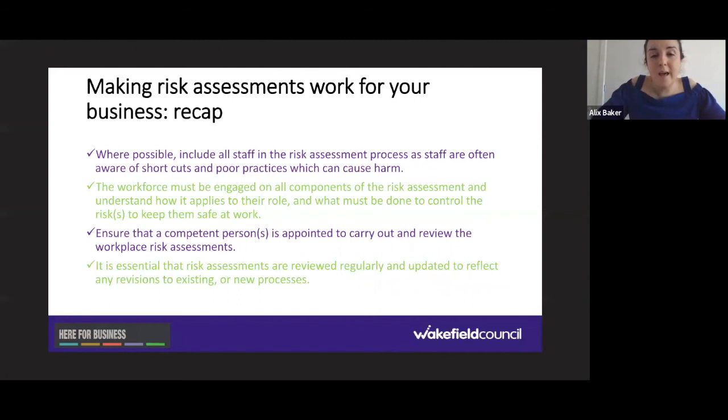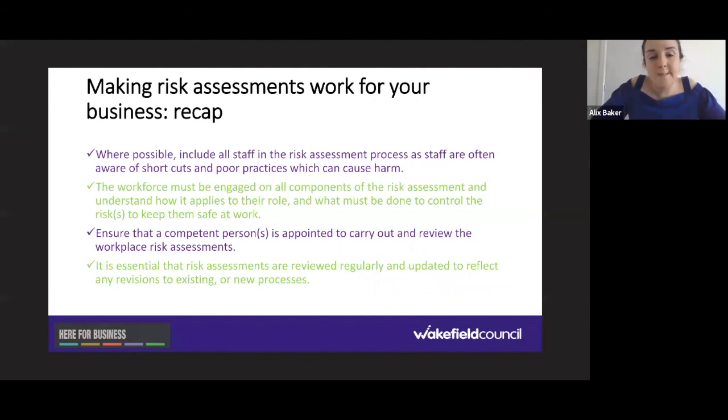If there's any rollout of new risk assessments or control measures that form part of that risk assessment, how are the staff being engaged on those? Is it through newsletters? Is it through word of mouth? Is it through team briefings? All of those different components, and or sharing a webinar the same as this one or similar, to keep people educated.